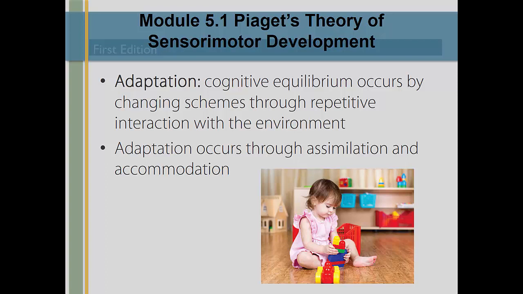Adaptation occurs through assimilation and accommodation. Assimilation involves interpreting experience in terms of the existing schemes, and accommodation involves interpreting experience by modifying existing schemes.